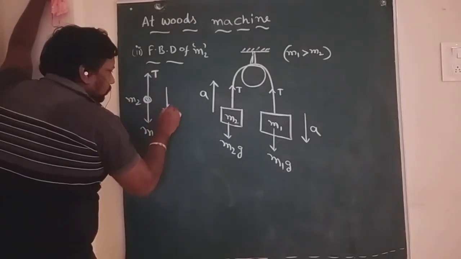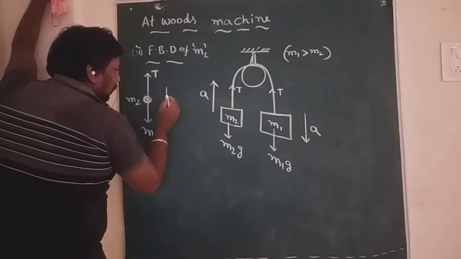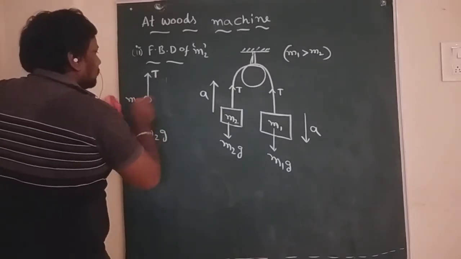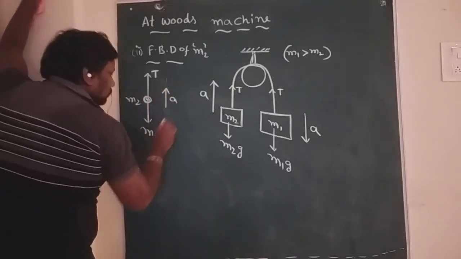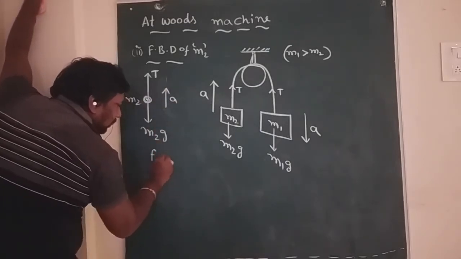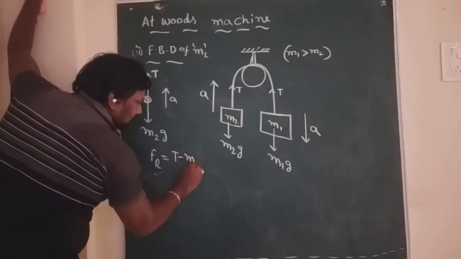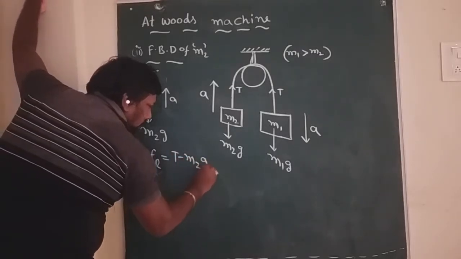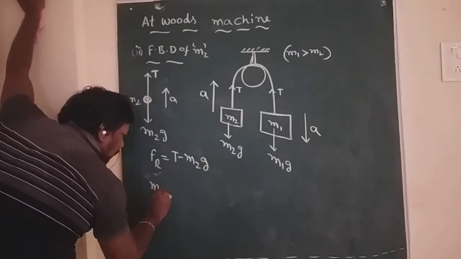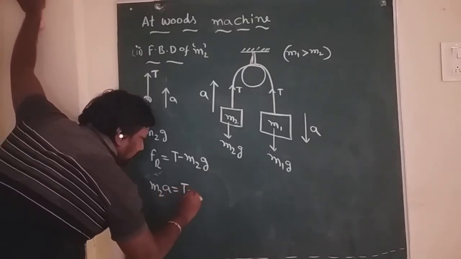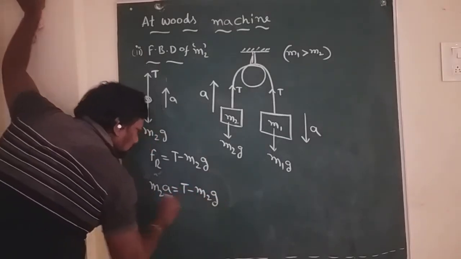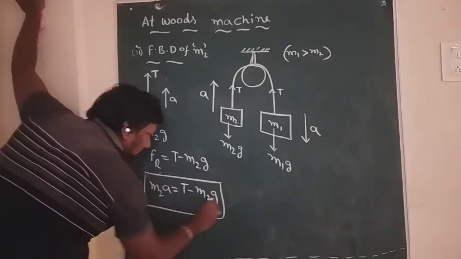Now acceleration of the M2 block is vertically upward. So resultant force acting on the M2 block is Fr equal to T minus M2G. According to Newton's second law, M2A equal to T minus M2G. So this is equation number 2.